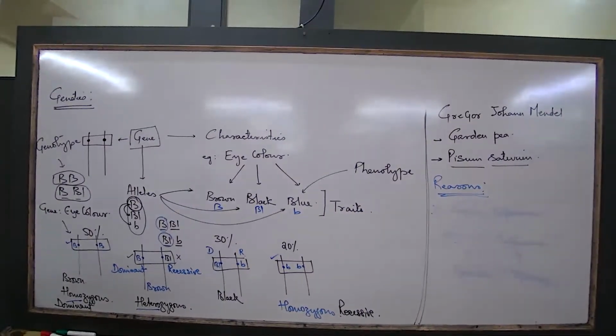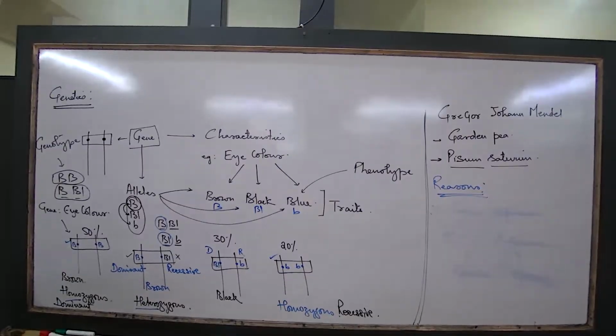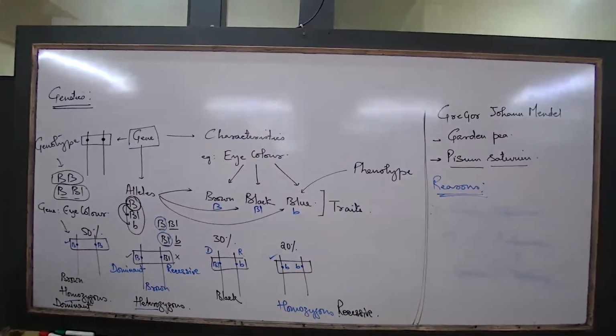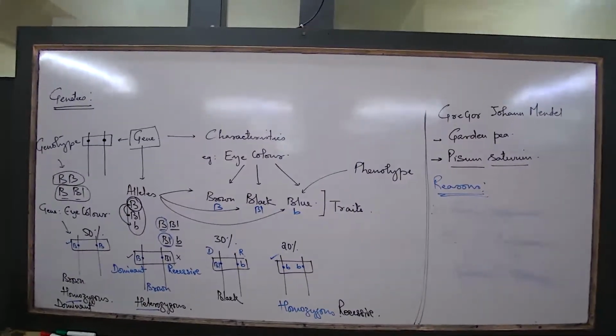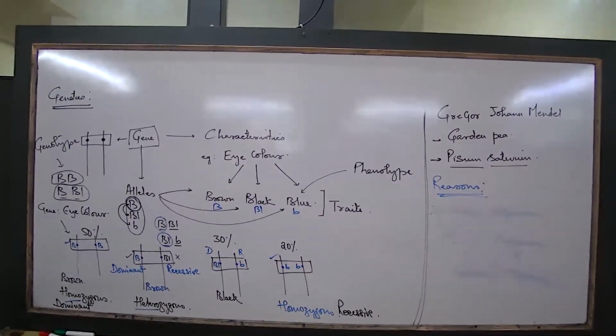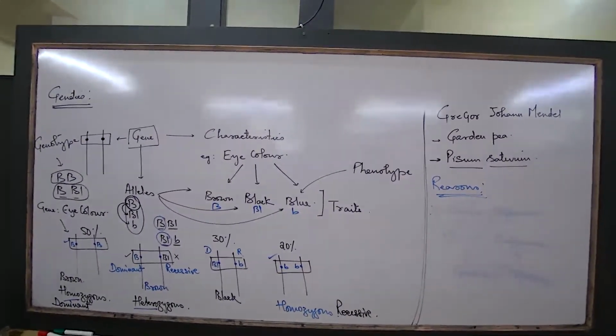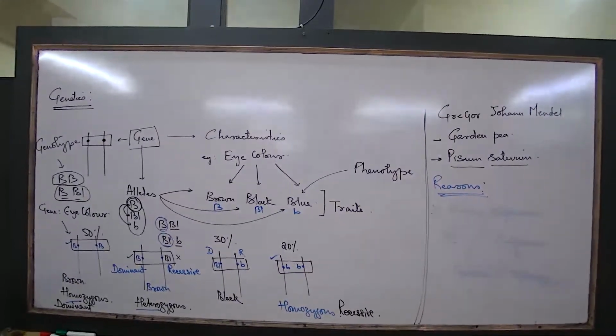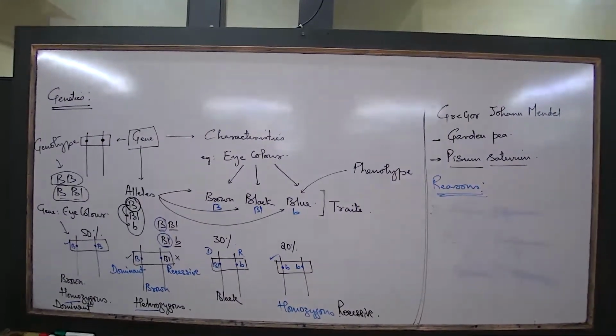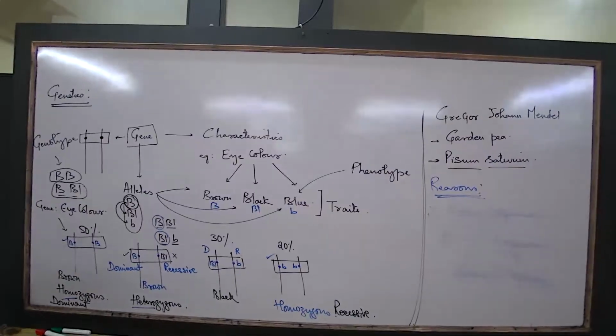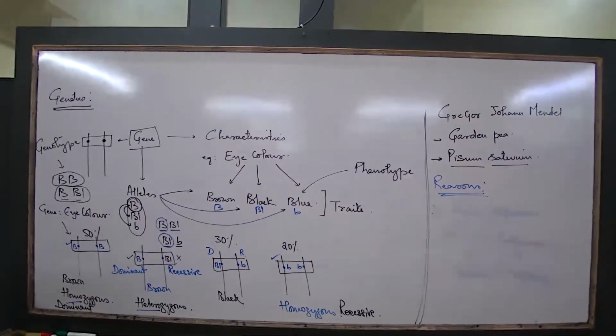They exhibit 7 pairs of contrasting traits.